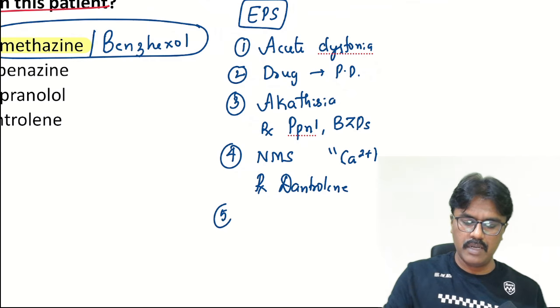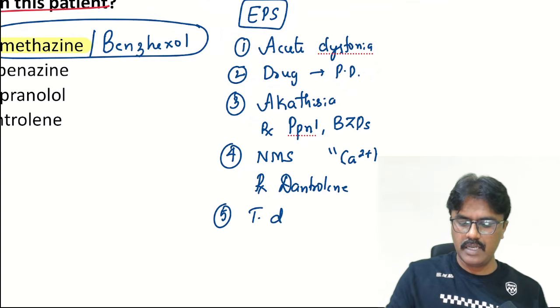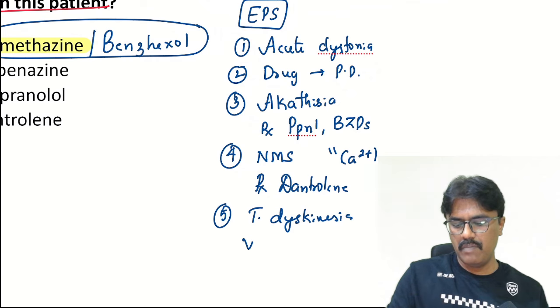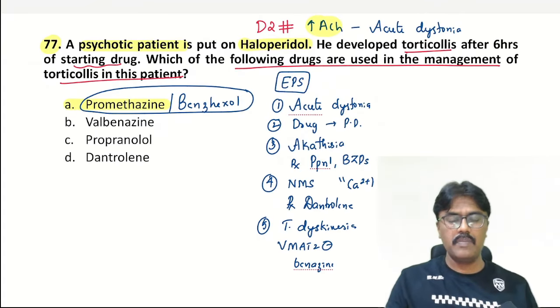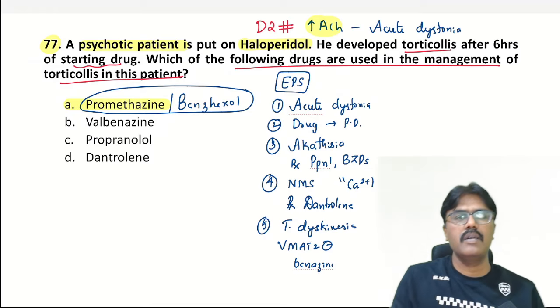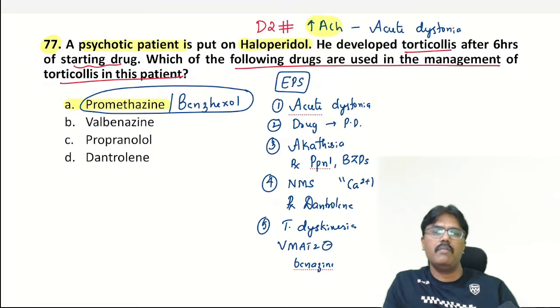Fifth problem that happens is tardive dyskinesia. For that we use VMAT2 inhibitors and they end with benazines. So this is an extrapyramidal symptom which is frequently tested in exams, never miss from psychiatry.